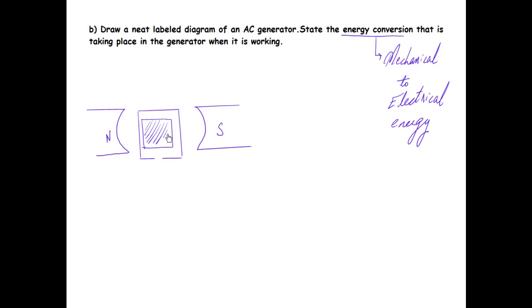So what I am shading right now is the soft iron core, and the coil is wrapped around it, and obviously there will be an axle about which this coil is going to rotate.